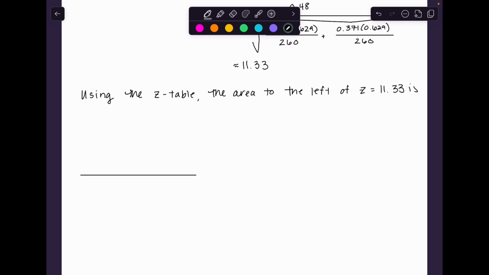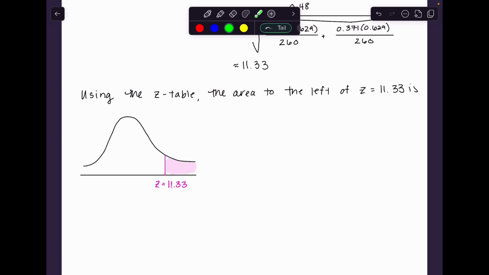So to give you that picture, here is our test statistic. I want to know what this area is, because if it's less than 5%, that means it falls into the rejection zone. If it's more than 5%, that means the rejection zone is inside of it, and I don't have enough evidence to support the claim.